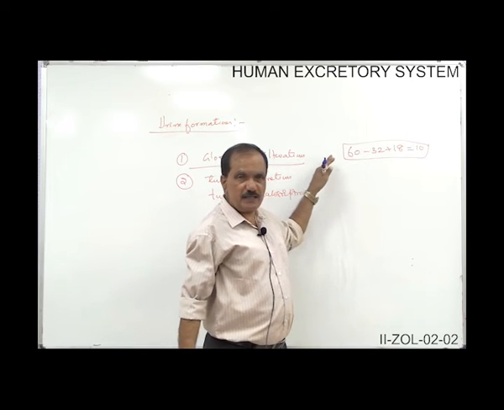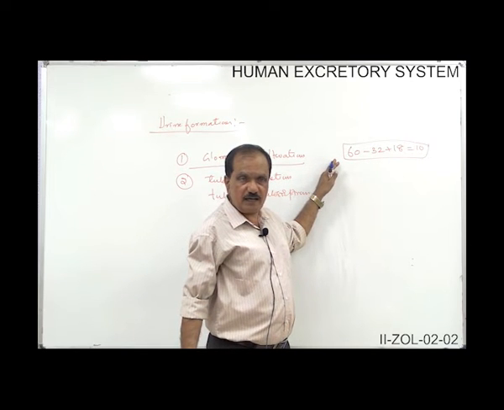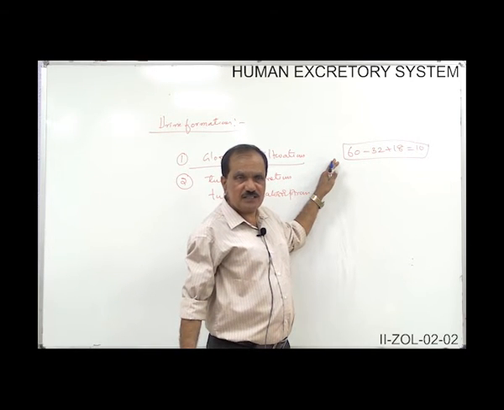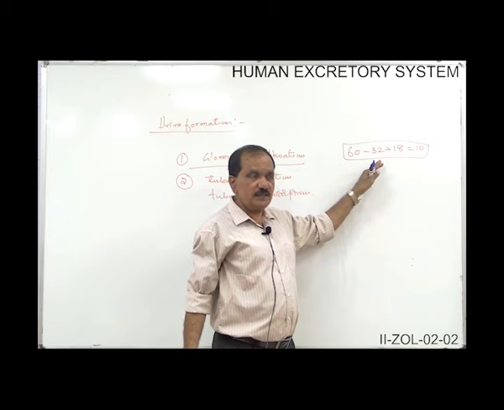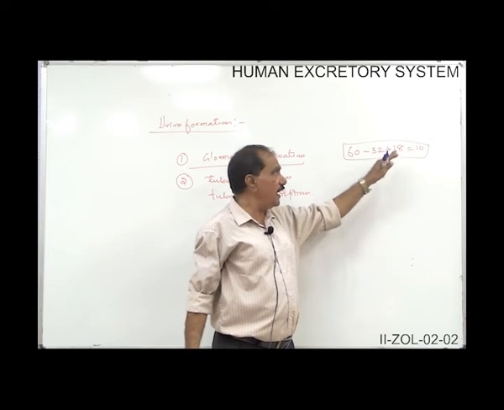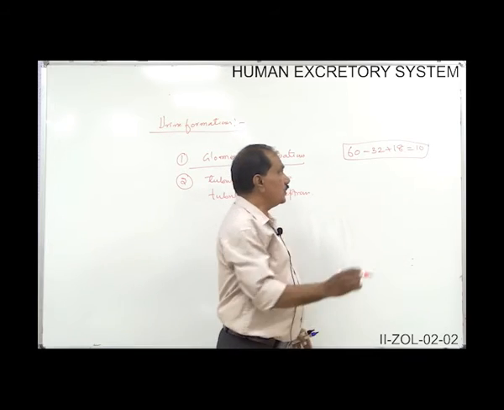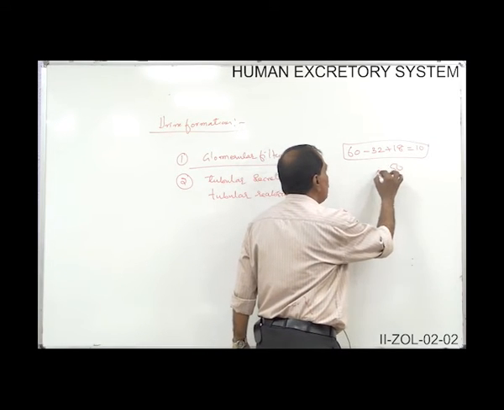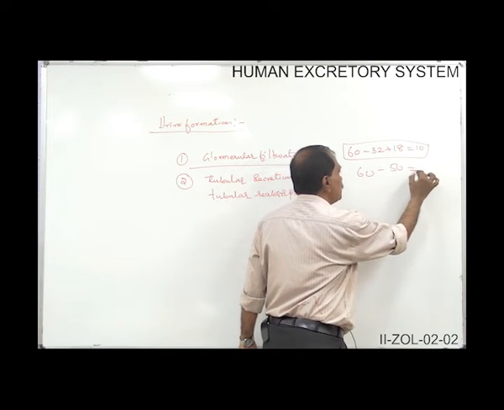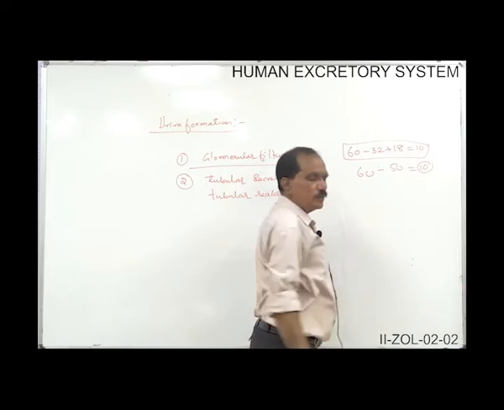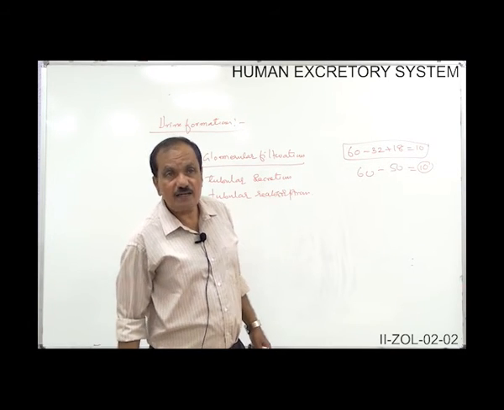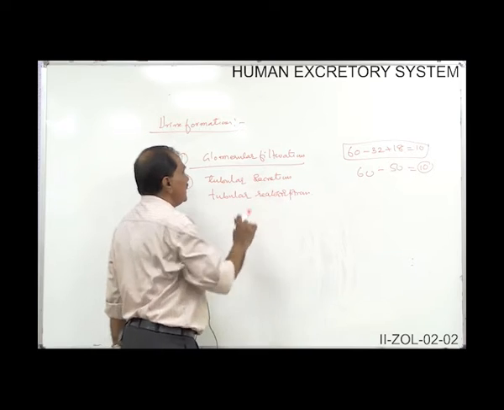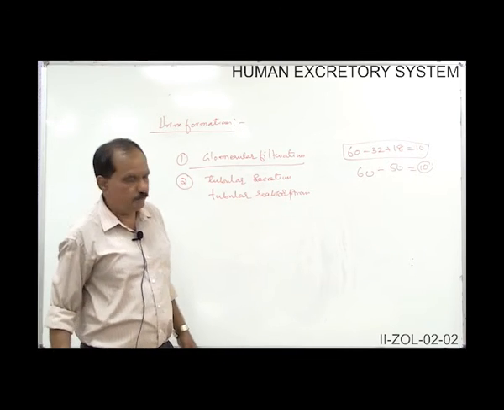So the blood coming in the afferent renal arteriole has a value of 60, and the glomerular network and the Bowman capsule pressure together make 50. So 60 minus 50 gives 10. This hydrostatic pressure of 10 results in the ultrafiltration, which is called the glomerular filtration.